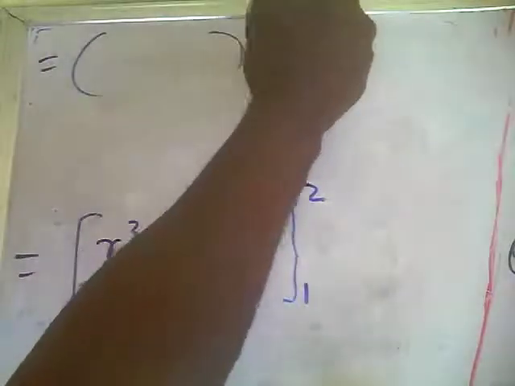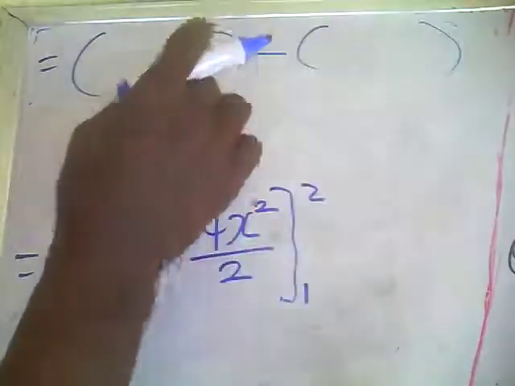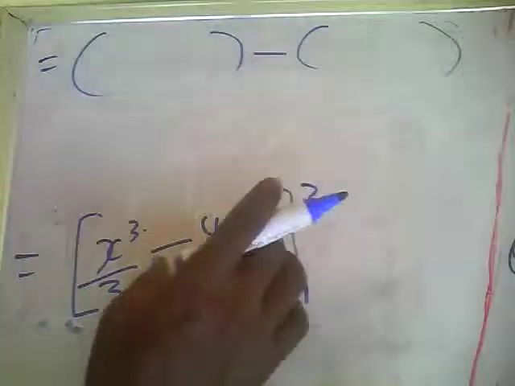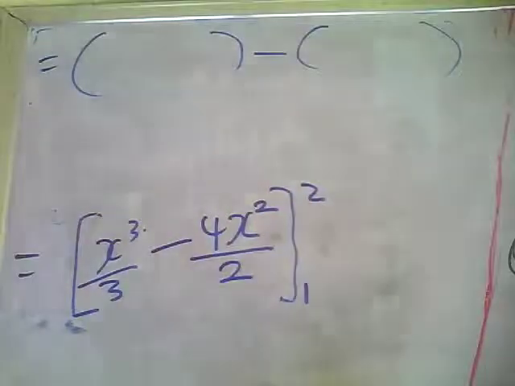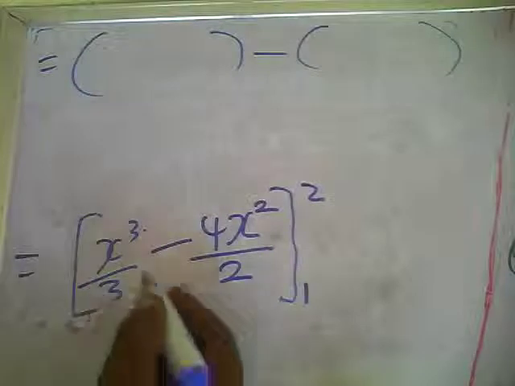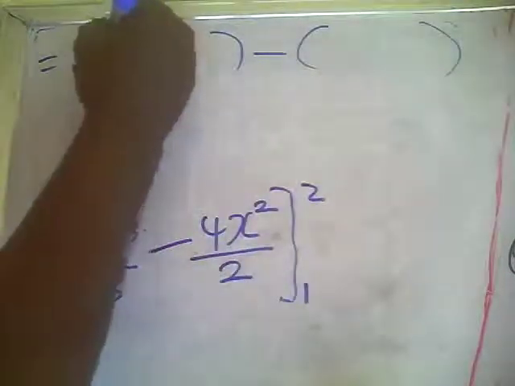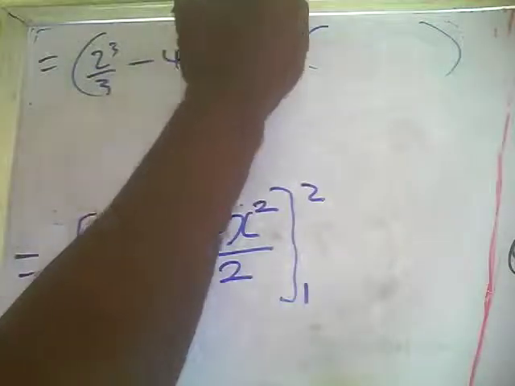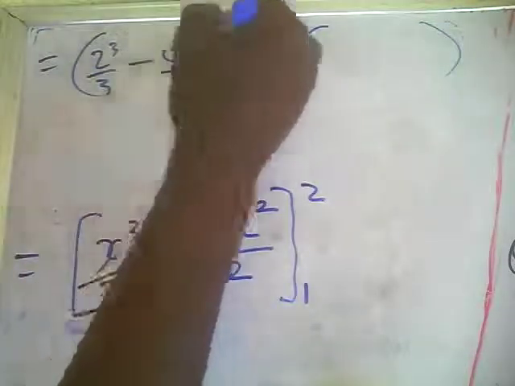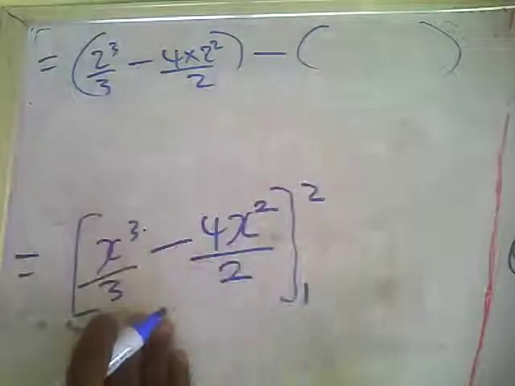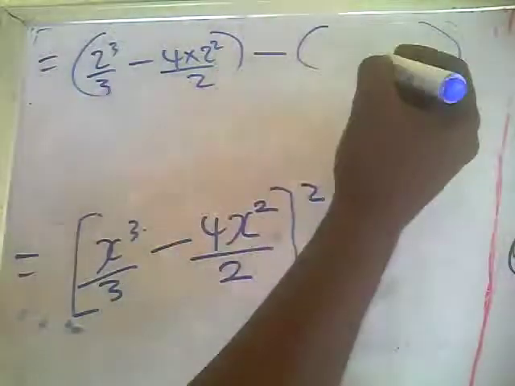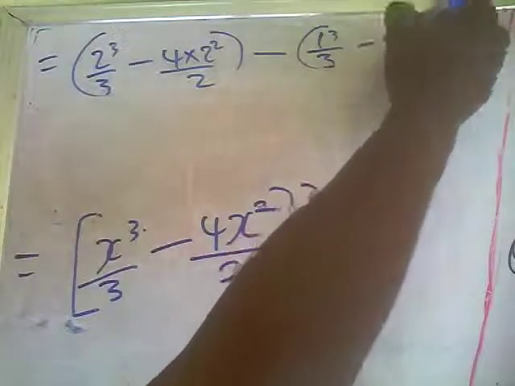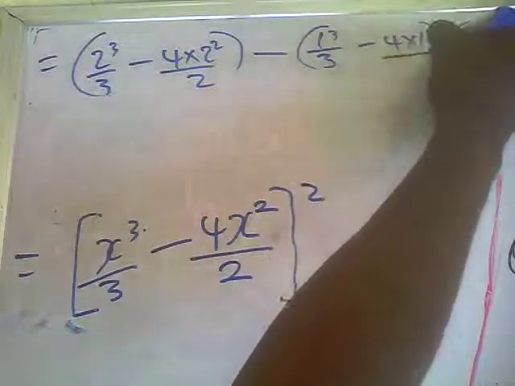We repeat this function here using the upper limit, then we repeat the function again here using the lower limit for x. Using 2, that's going to be 2 cubed over 3 minus 4 times 2 squared over 2. That is using the upper limit. Now using the lower limit, we have 1 to the power 3 over 3, then minus 4 times 1 to the power 2 over 2.